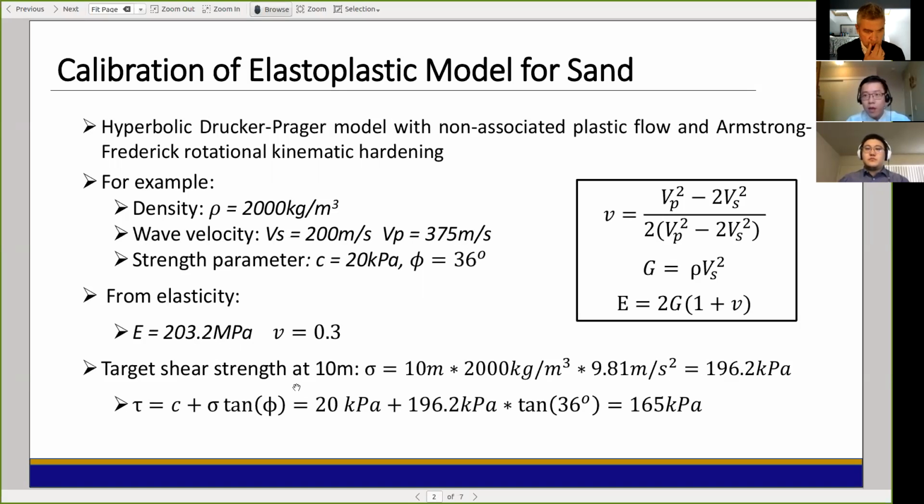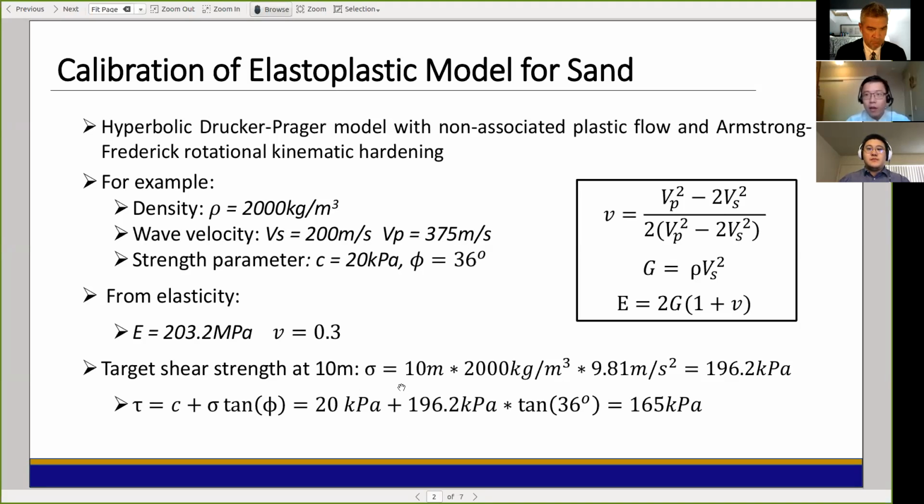For the other parameters, because the sand is pressure dependent, when I do the calibration I usually choose a specific depth, and then calculate the target shear strength of this sand at that depth, and calibrate my parameters to match such a target shear strength. For example, here we choose the depth of 10 meters.